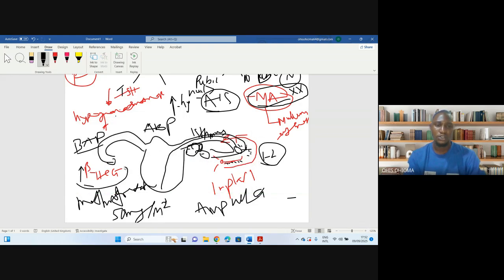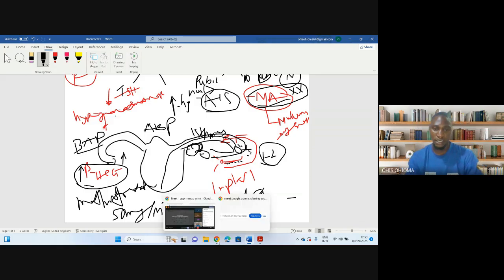When you see a very slow rise in beta HCG, the patient is amenorrheic, is having abdominal pain, and vaginal bleeding, I want you to think of ectopic pregnancy until proven otherwise. Does that make sense, guys?